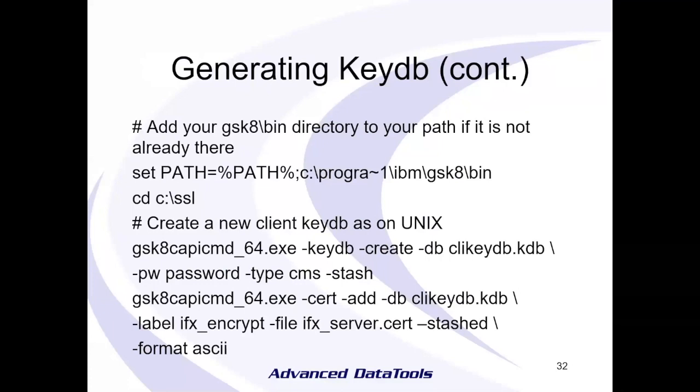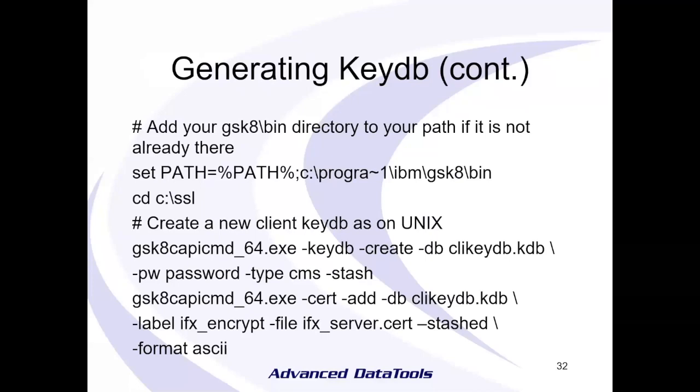So at that point, we change directory to the SSL directory, and then we run gsk8capicmd_64.exe. It's Windows, so everything's .exe for this. The commands are very similar, or the same. It's keydb, create db, and then the client keydb.kdb. Give it a password.